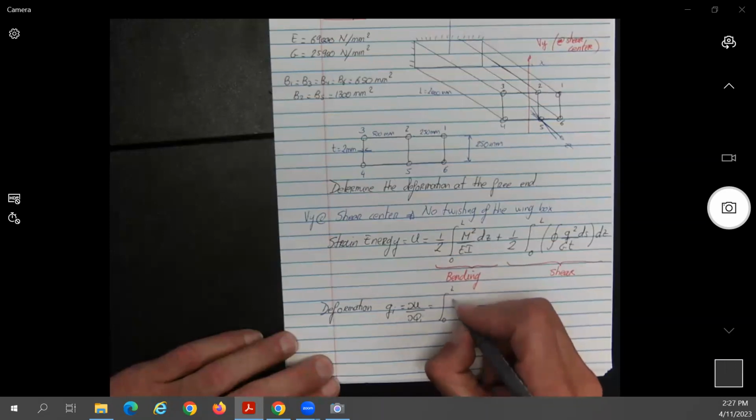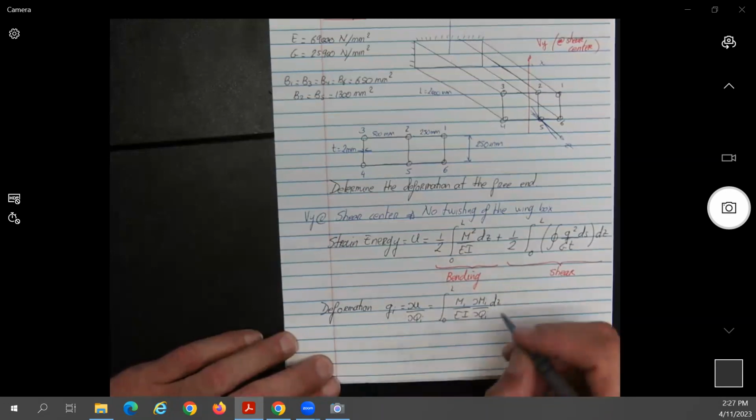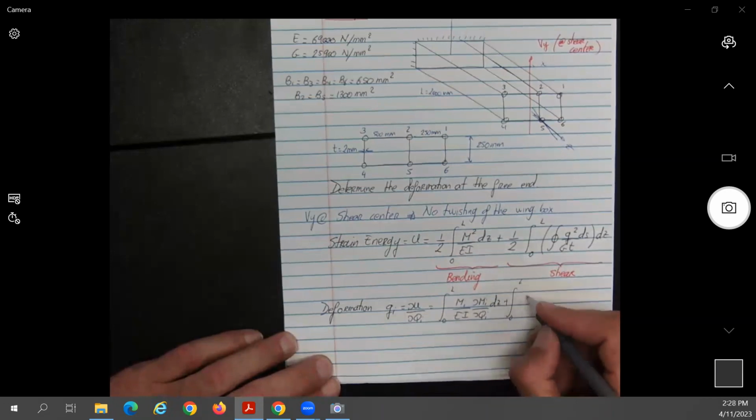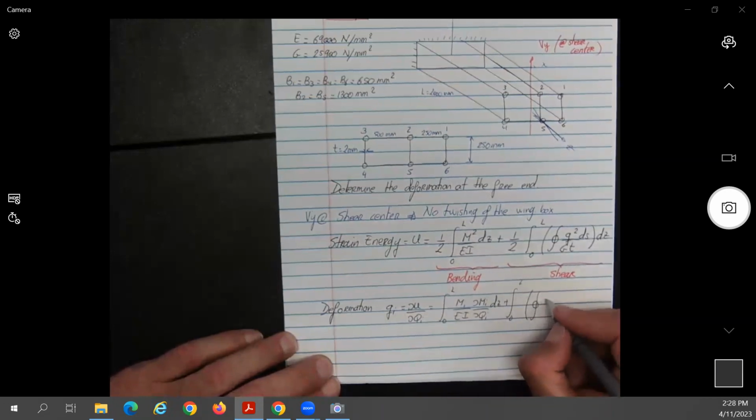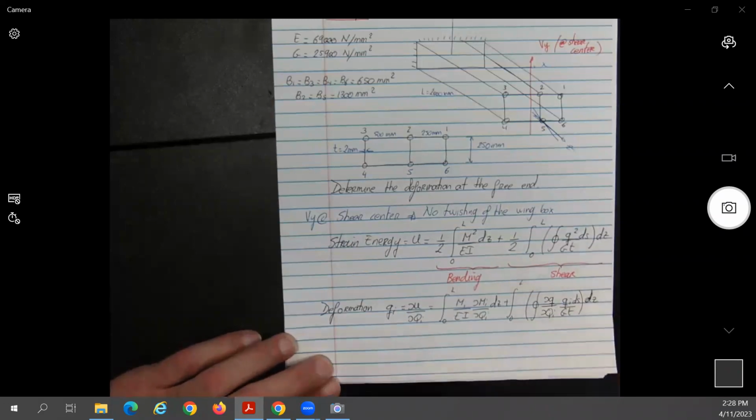Integral 0 to L of M_i over EI, partial M_i over partial Q_i, dz, plus integral 0 to L of Q_i over GT, partial Q_i over partial Q_i, ds. Oops, ds. Yeah, that's correct.